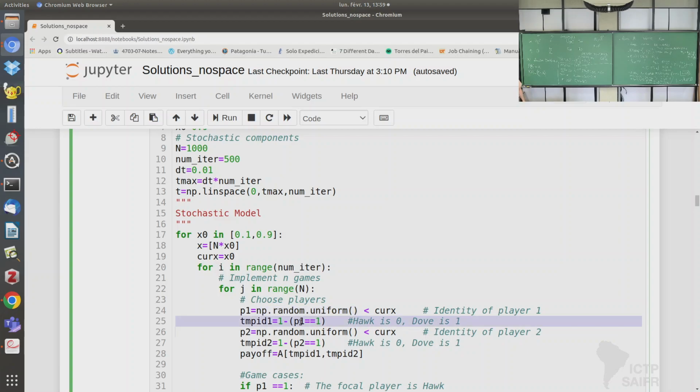This other line of code is doing just that. You can do it in a way that is more intuitive to you. You can also have nested if statements, which are a little more verbose, but maybe a little easier to read. If you draw a hawk, you need to look for the first row in the matrix. If you draw a dove, you need to look for the second.